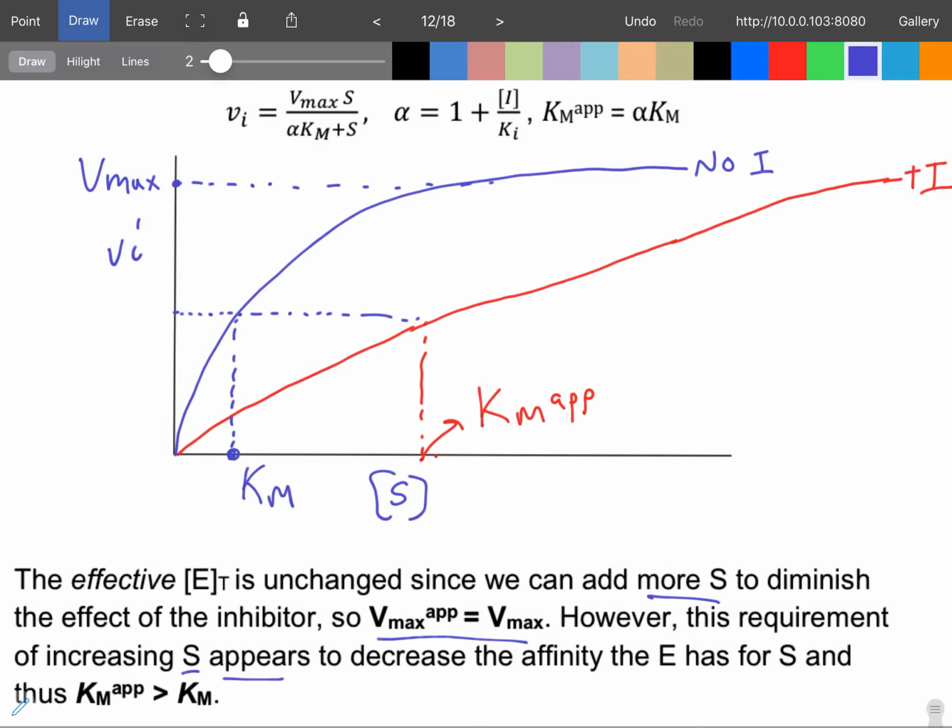Hence why Km apparent is greater than Km. Now, that doesn't mean that the enzyme and the substrate actually physically interact less tightly. It's just you have some population of the enzyme that is bound by that inhibitor, and so in order to swamp that out, we have to add more substrate to the reaction.